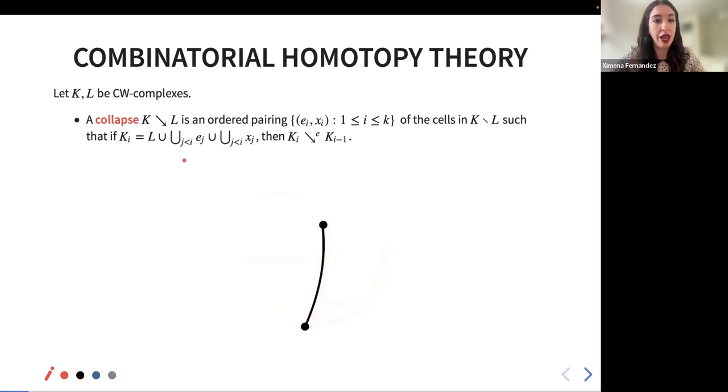Sometimes, like in this case, you can start with a ball and obtain in the end a point, so you are proving that the complex is contractible. But in general you are not so lucky. It might be that you don't have any pair of free faces at the beginning, or you have some free faces and then you get stuck at some point.